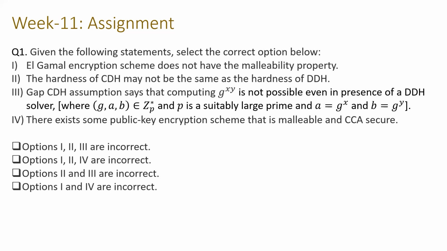That is what the DDH problem says. Now, even if the adversary has access to a DDH solver, which can effectively distinguish between these two kinds of triplets, the adversary should still not be able to come up with the exact value of g to the power xy, which is the CDH problem. So computing g to the power xy is indeed not possible even with access to a DDH solver.